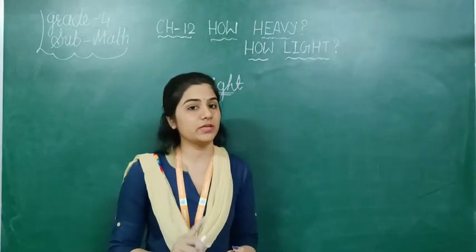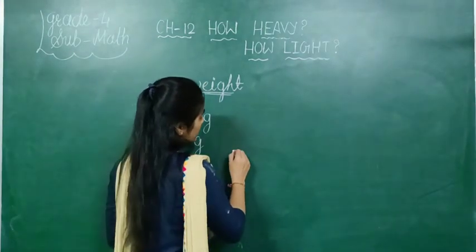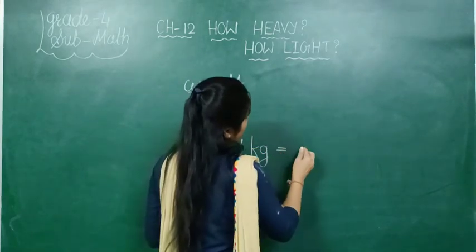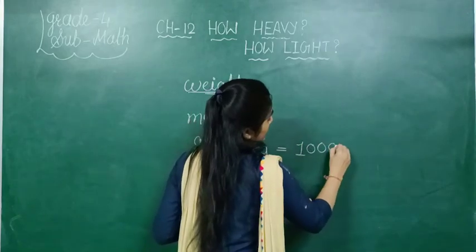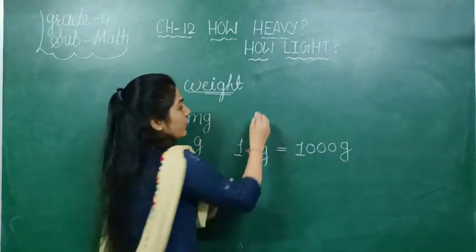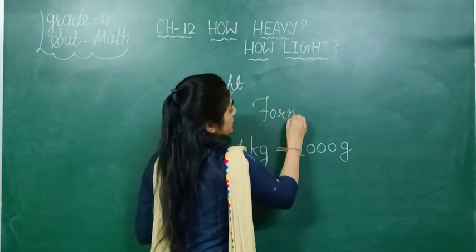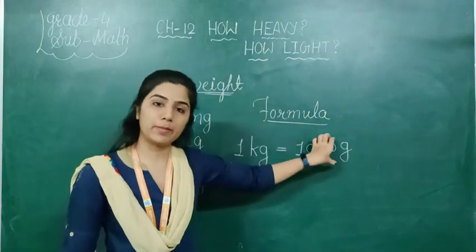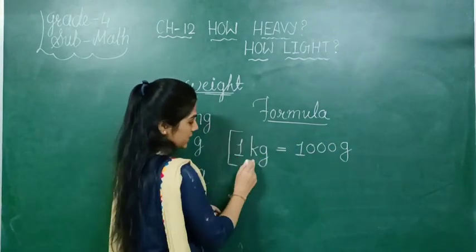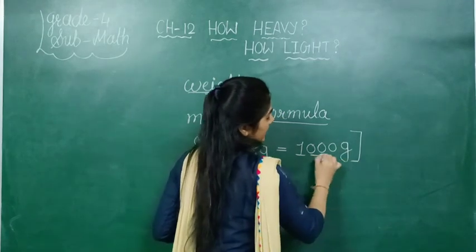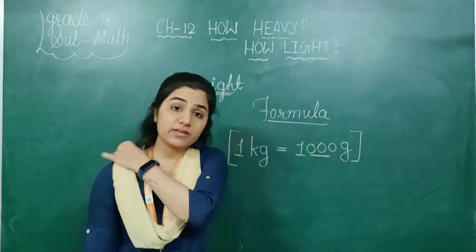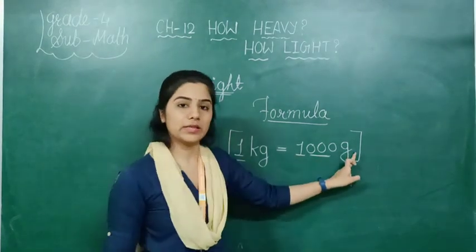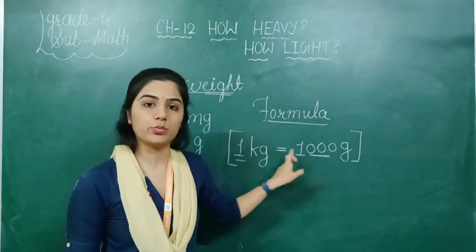What is the relation between gram and kilogram? 1 kg is equal to 1000 gram. This you have to remember: in 1 kg how many grams are there? There are 1000 grams in 1 kg.